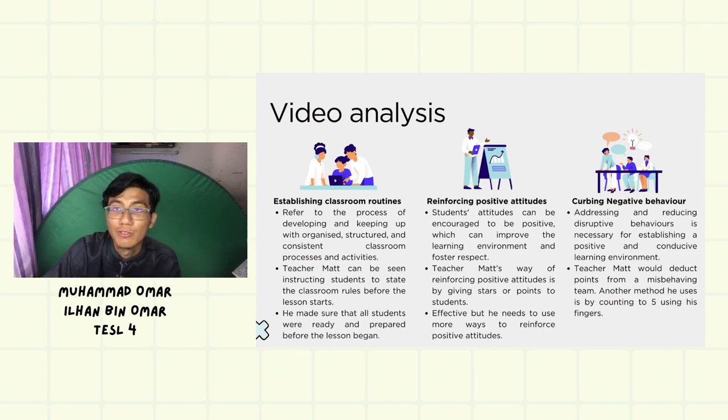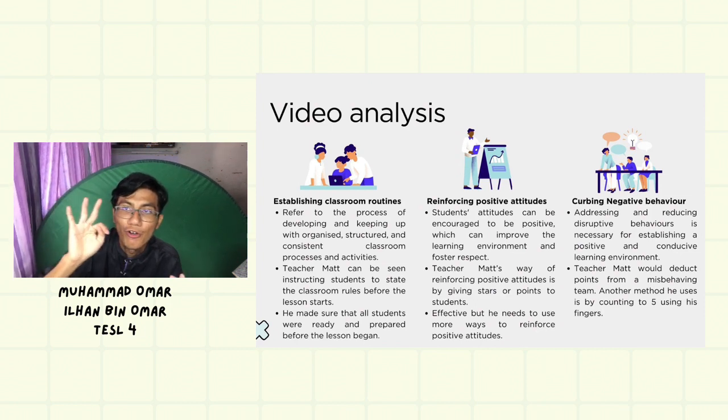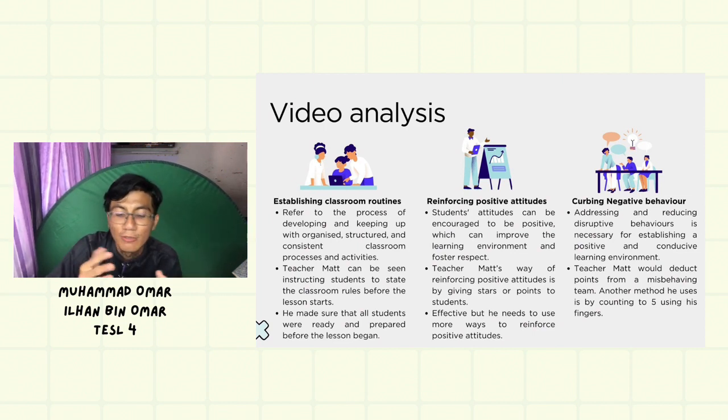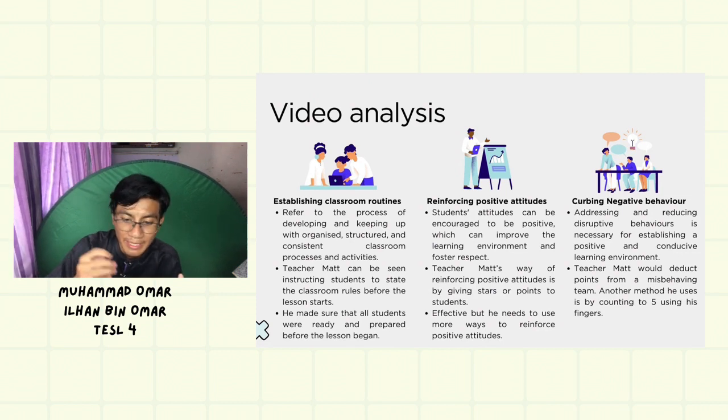In the video, Teacher Matt would deduct points from a misbehaving team, and another method is that he counts with his fingers from 5, 4, 3, 2, 1. This way, students know that they need to be sitting nicely and be quiet in order not to receive consequences from Teacher Matt, such as him taking points from their team.